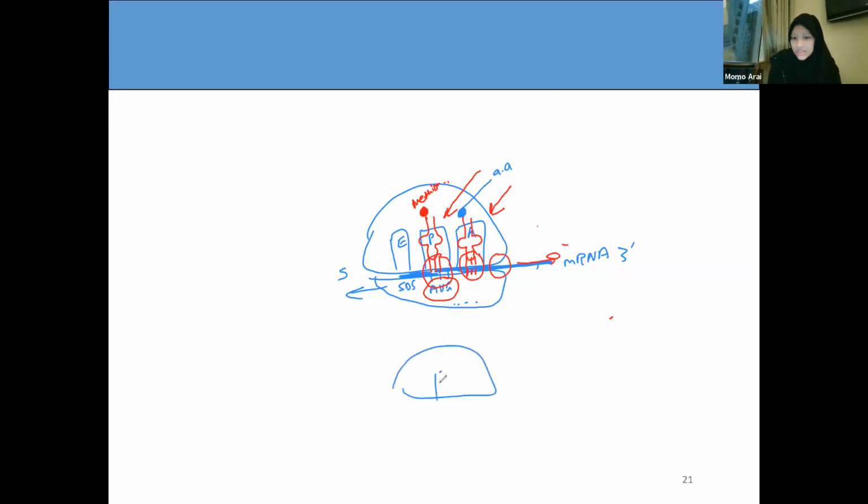Now you have one tRNA here and one tRNA here, right? This amino acid attached to this tRNA breaks off here and moves to the amino acid on A. So now the amino acid looks like this chain.